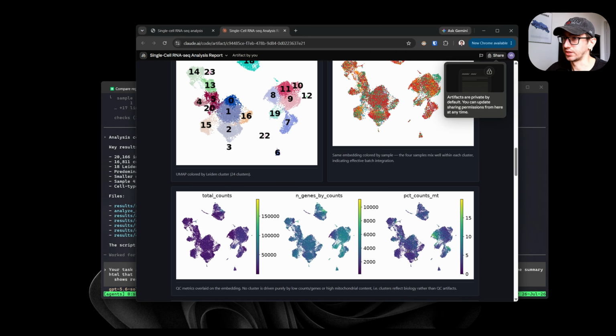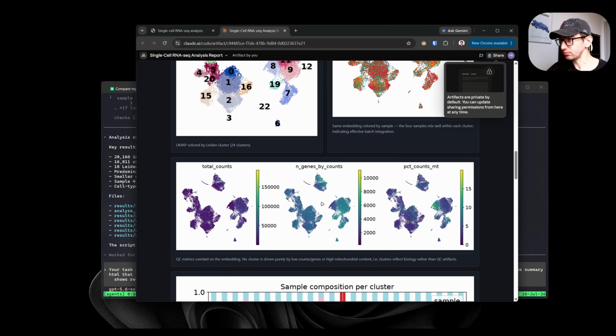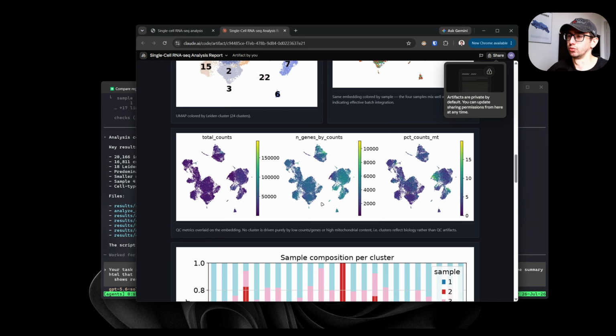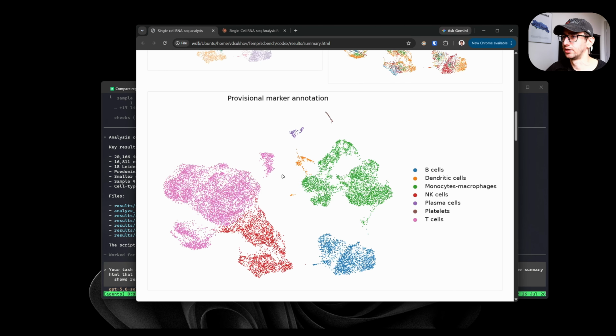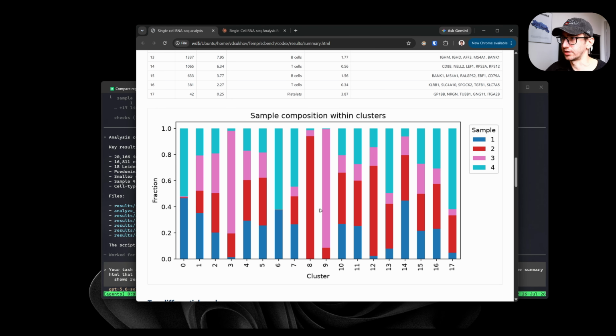Also, we have some summary information about total counts. Usually we want to see that there are no particular clusters driven just by total counts or number of gene counts. It could also be useful to take a look at the data. Now let's switch to the sample composition per cluster. You can see that it's not the same as before. Before, there were a lot of parts driven by a particular cluster.